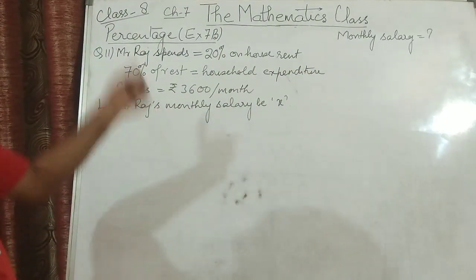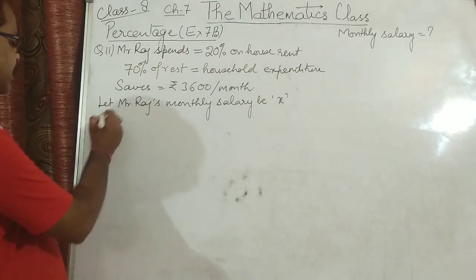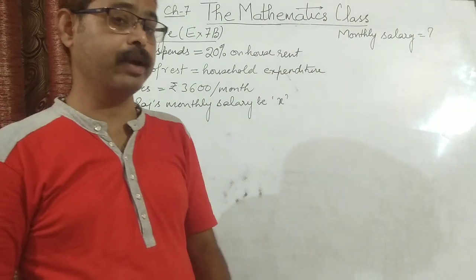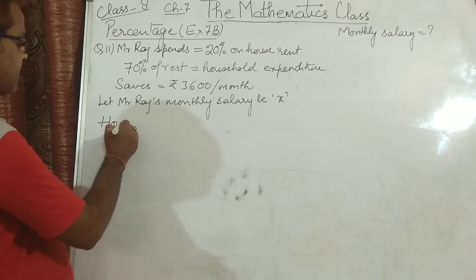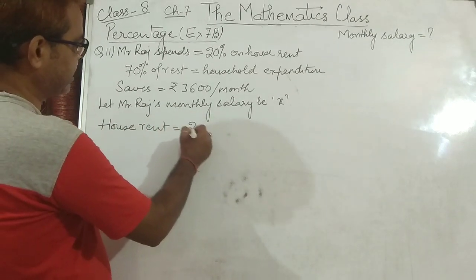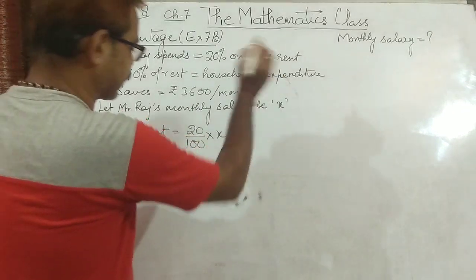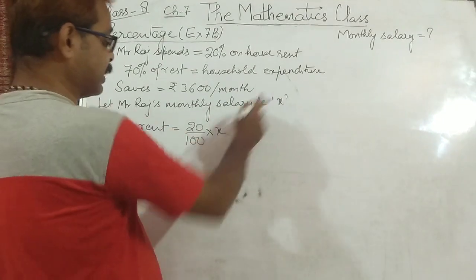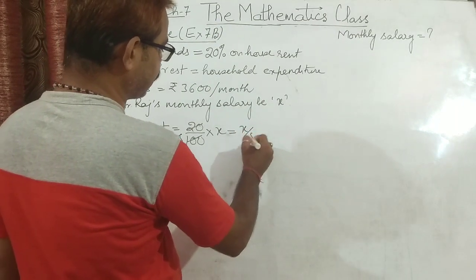Now 20% he is spending on house rent, so we'll calculate how much amount he is spending on house rent. House rent means 20% of total, which was X, 20% of the salary. So 20% of the salary is X, so 25 is 100, it becomes X upon 5.